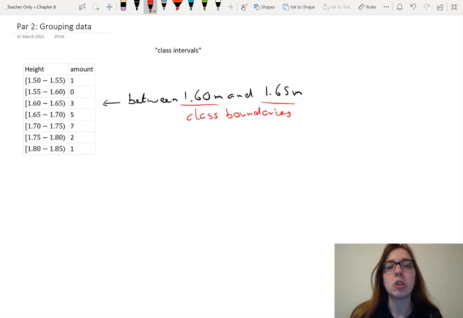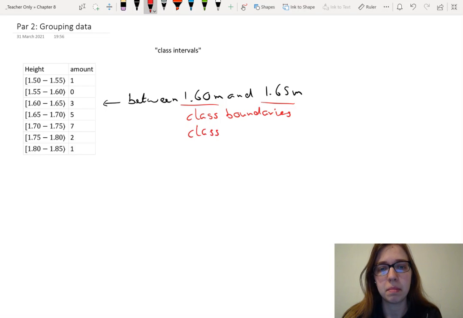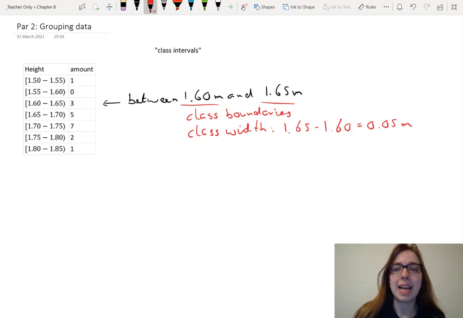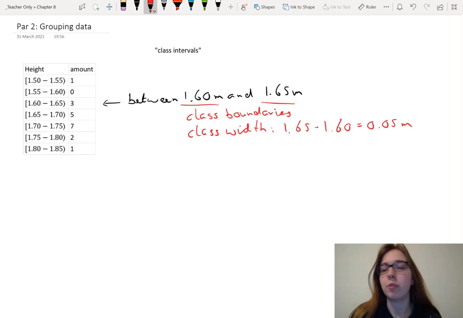And with that, we can also calculate the class width, which is the difference between our class boundaries. So in this case, my class width is 0.05 meters or 5 centimeters.